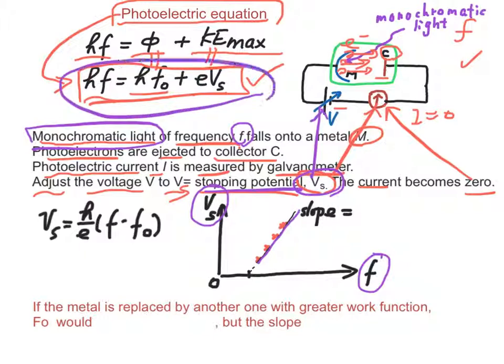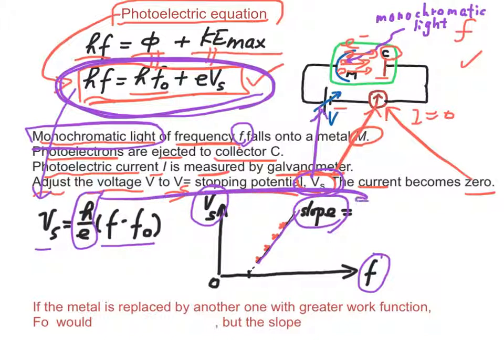From the equation hf equal to hf naught plus eVs, we have Vs equal to h over e times f minus f naught. From the graph, the slope equals h over e, and the x-intercept will be equal to the threshold frequency f naught.